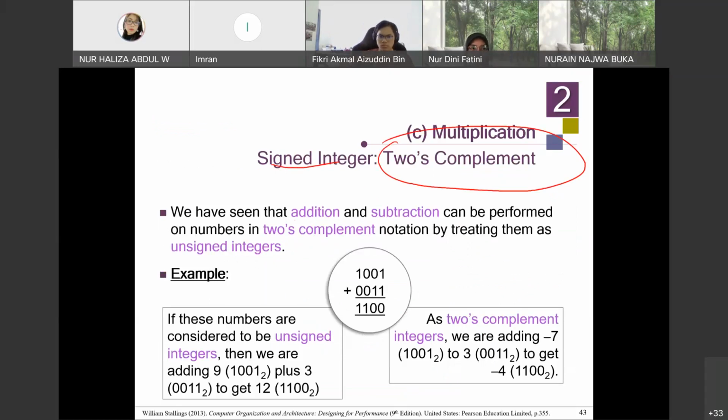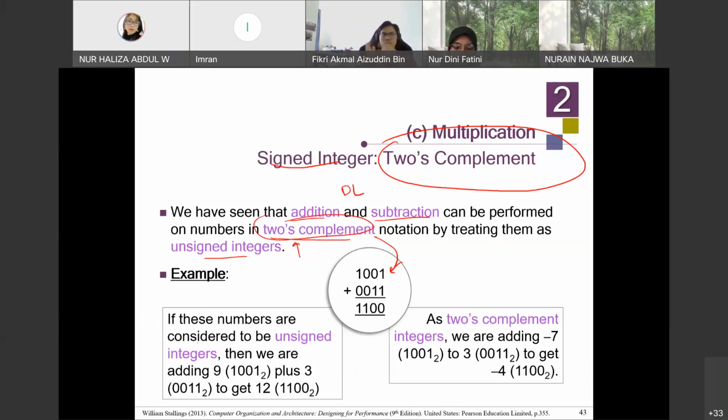We already learned addition and subtraction, especially just now, and also in your digital logic subject, that it can be performed in 2's complement notation by treating them as unsigned number, after you already assume it as a second complement and make the process to be a second complement. So you just add it because you just assume it to be an unsigned number.